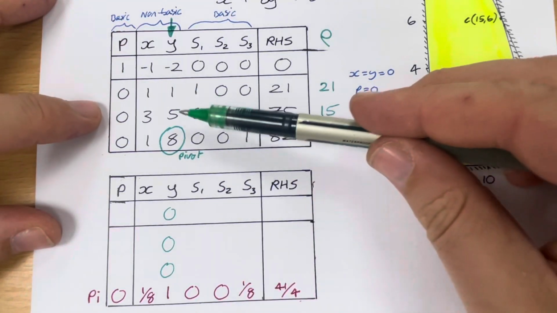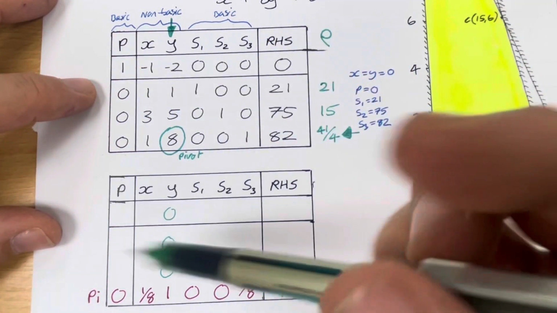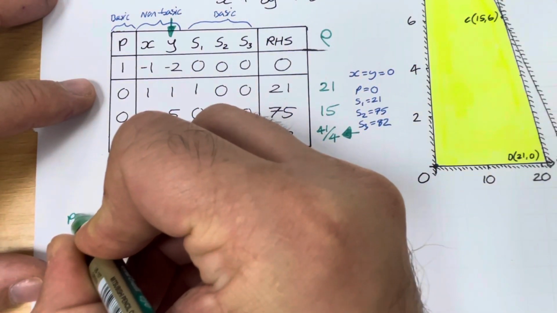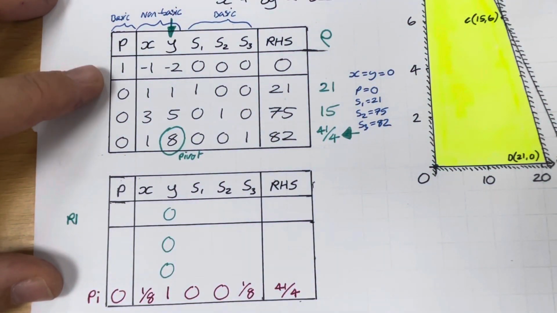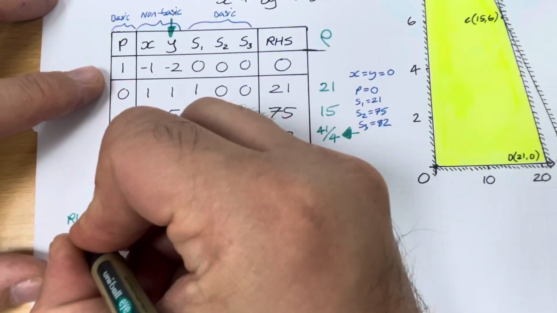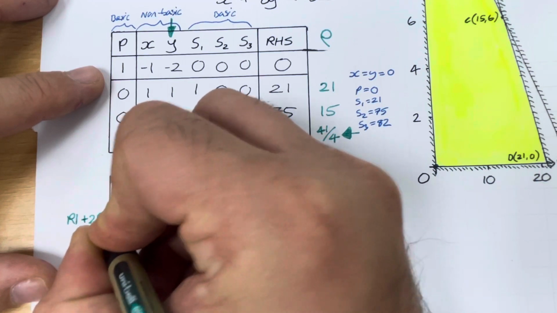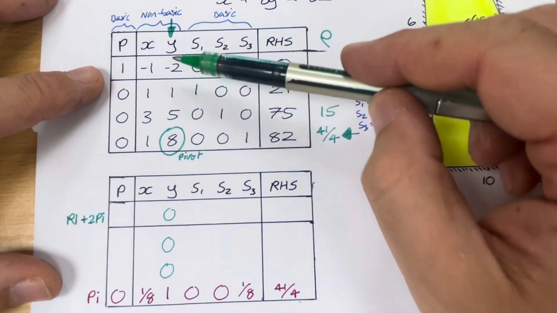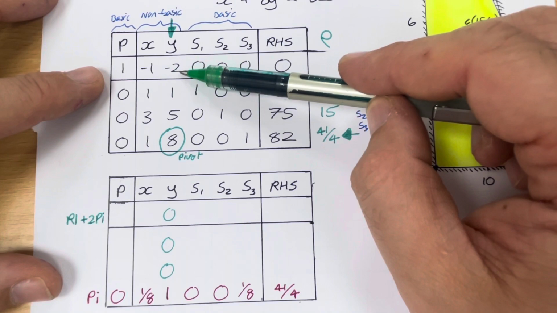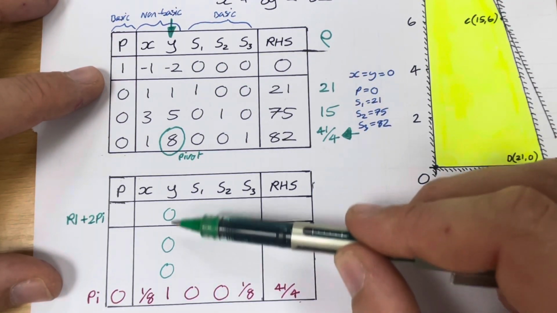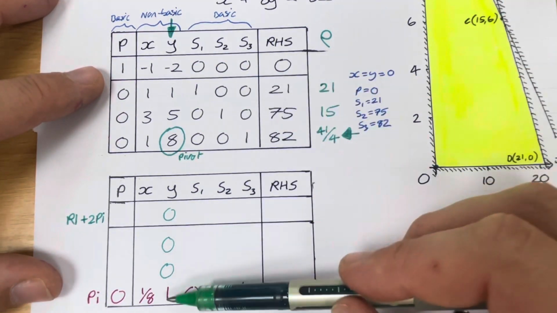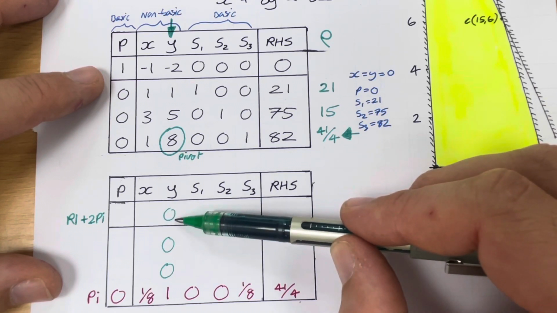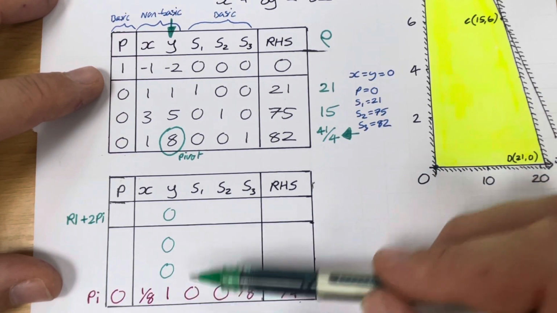So I'm going to take row 1 of the previous tableau, shorthand it to row 1, and add 2 times the pivot row. What that's going to do is -2 plus 2 times 1, which will be 0. So I'm forcing this number to be 0 by adding 2 multiples of this to this.